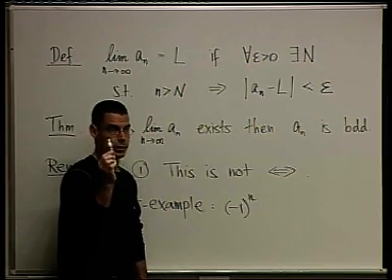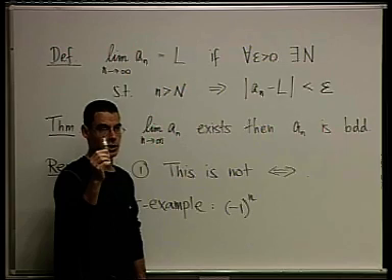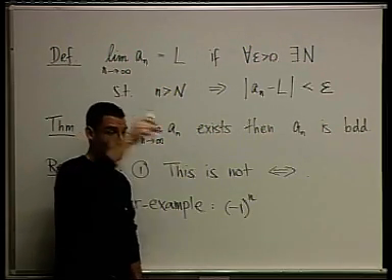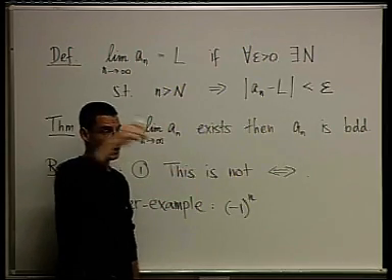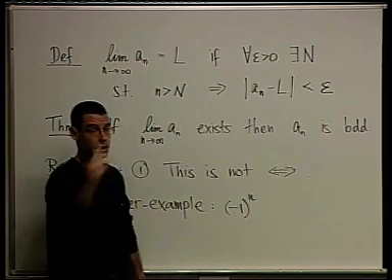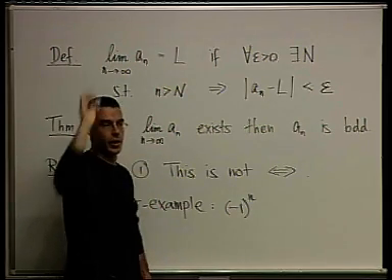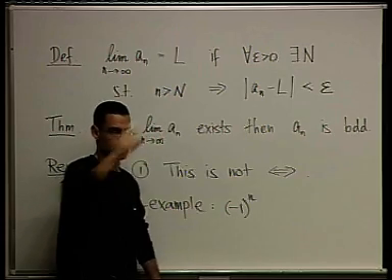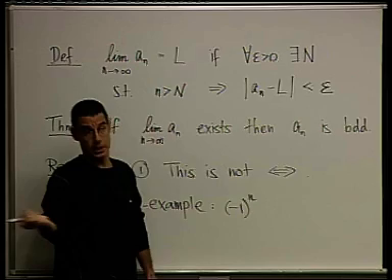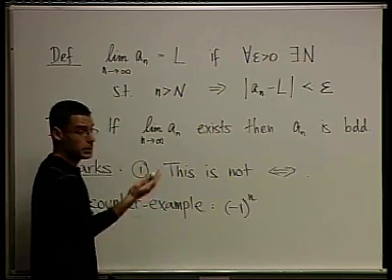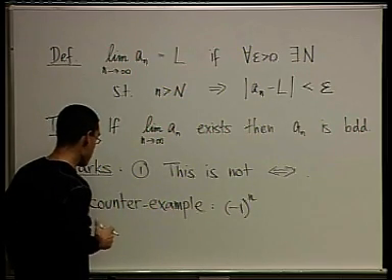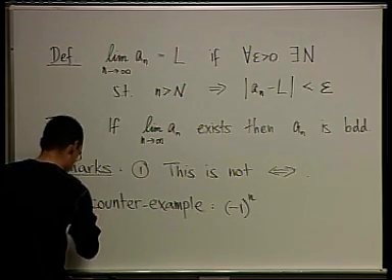If I would plot it on the x-axis, it would look like this. 1, -1, 1, -1, 1, -1. Right? It doesn't have a limit. It doesn't converge to anything. You can go far out to infinity, and it will still rock back and forth from 1 to -1. Do you agree? But it's bounded. All the elements are between 1 and -1. Do you agree? Okay.